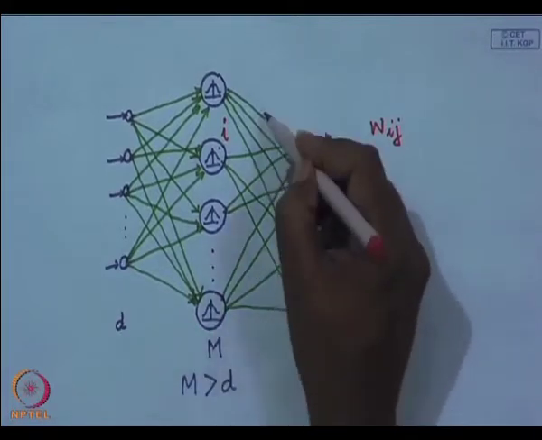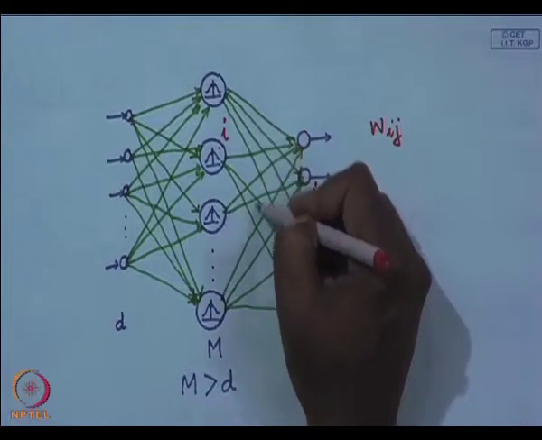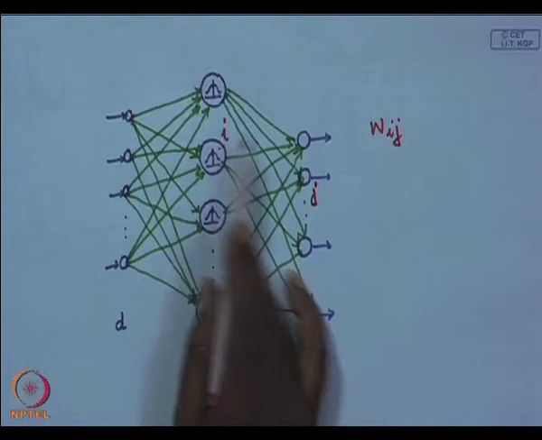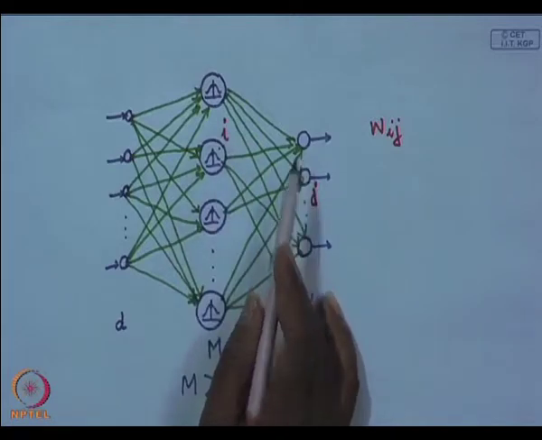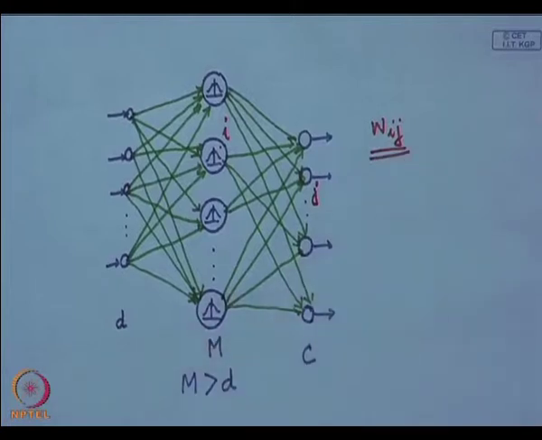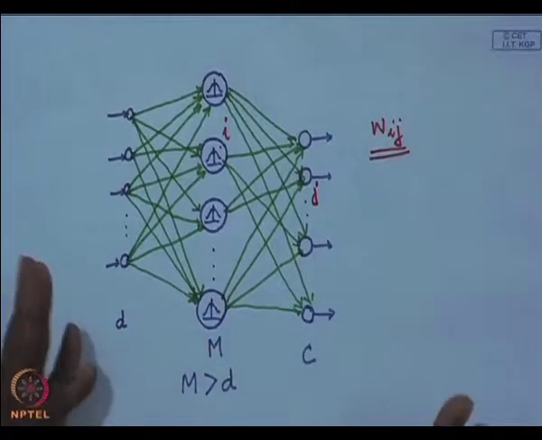That linear combination is decided by the connection weights from the hidden layer nodes to the output layer nodes. So, we also have to learn what the connection weight w i j should be from the ith node in the hidden layer to the jth node in the output layer. So, this is the second level of learning.